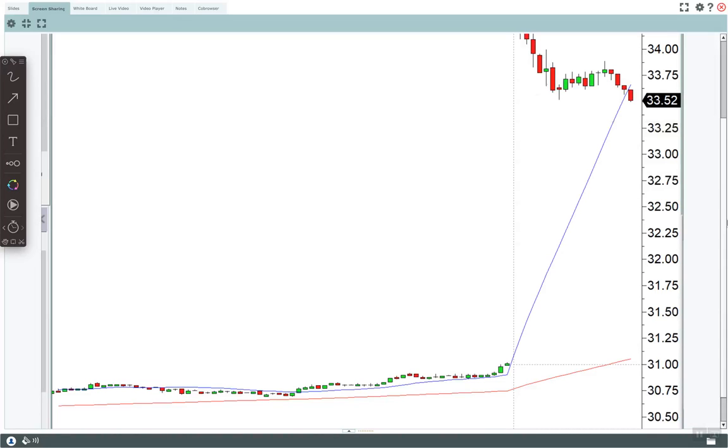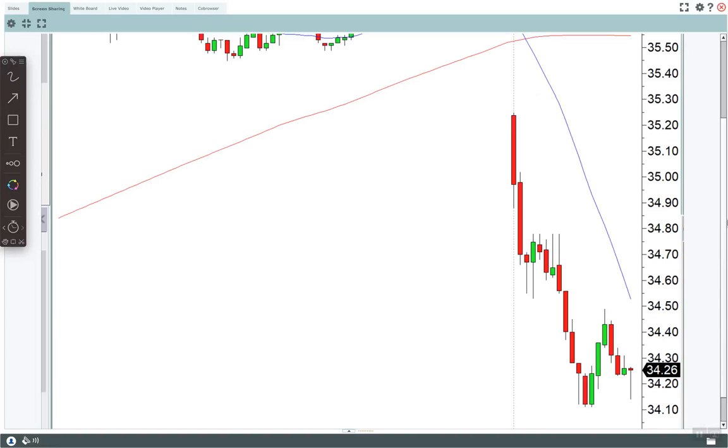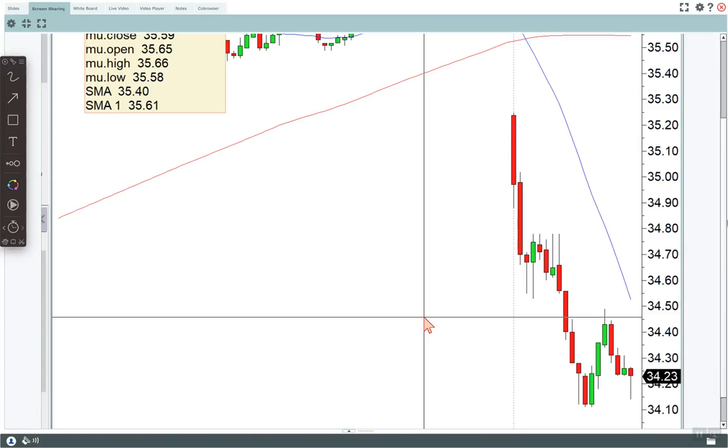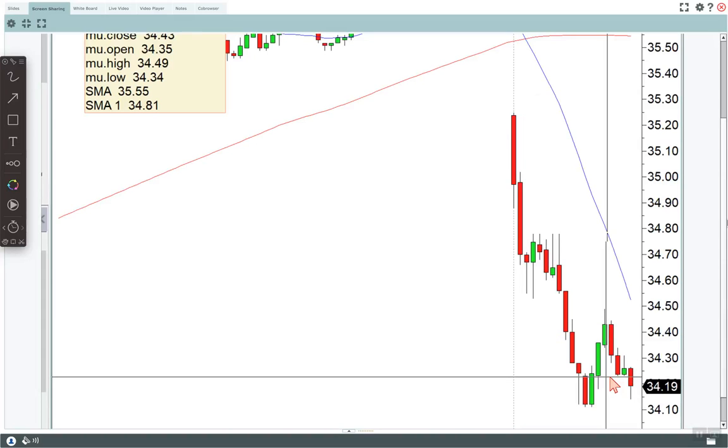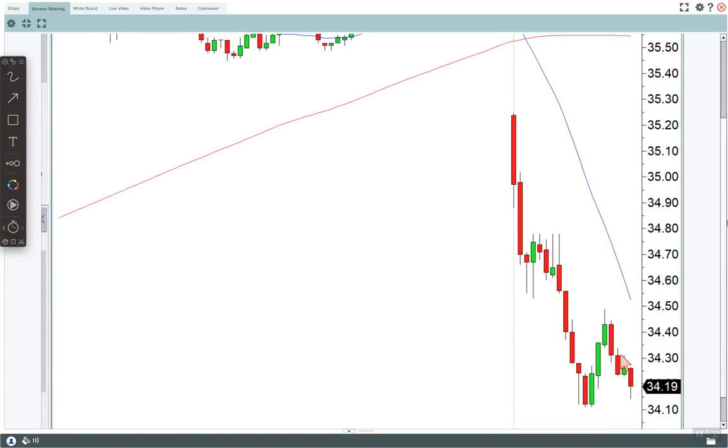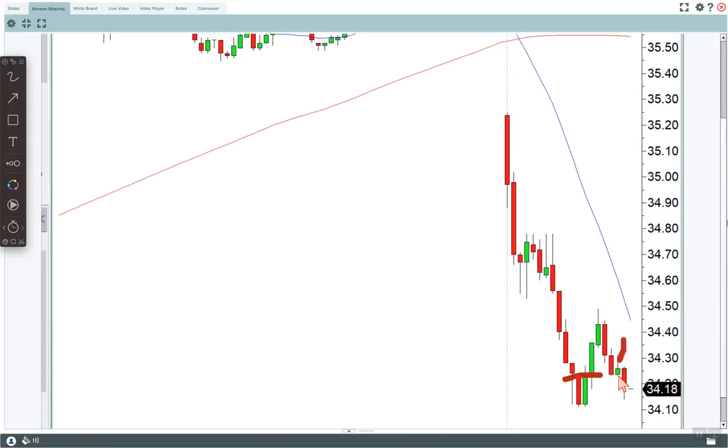Oh man, the market's dropping. Did the MU finally finish dropping? Did it keep going? Was that what we were looking at? Yeah, it kept going a little bit. I'm trying to find a little bit of support here.